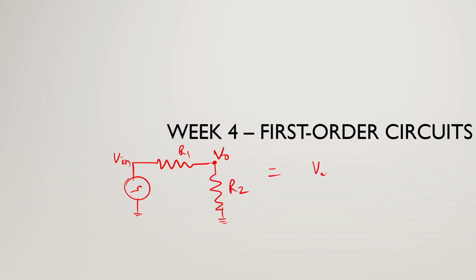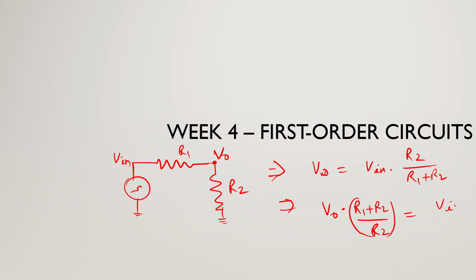VO is equal to, it's a simple resistive divider, right? So VO is equal to Vin times R2 divided by R1 plus R2, isn't it? It can be rewritten as VO times (R1 plus R2) divided by R2 is equal to Vin, or in other words, VO times (R1 plus R2) divided by R2 minus Vin is equal to 0.